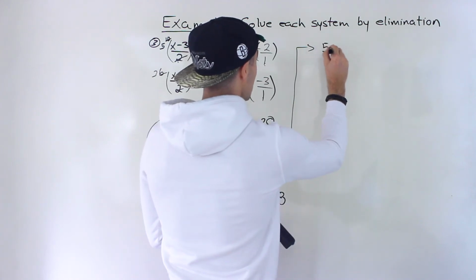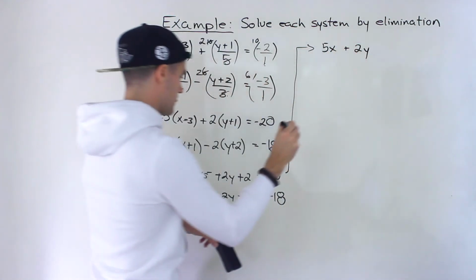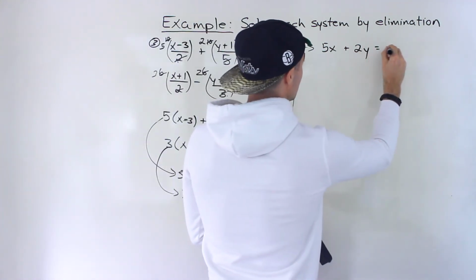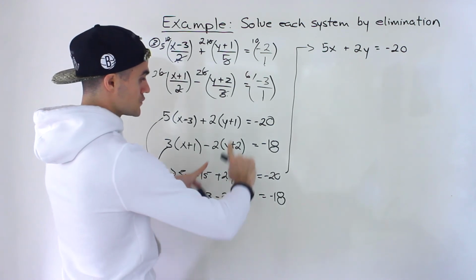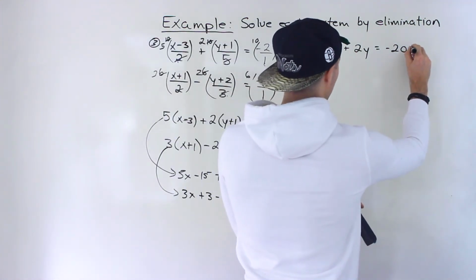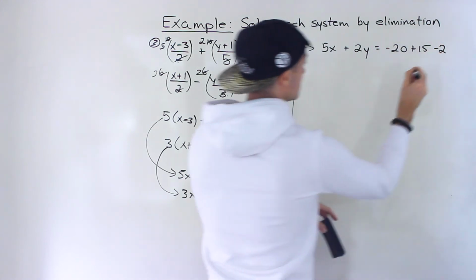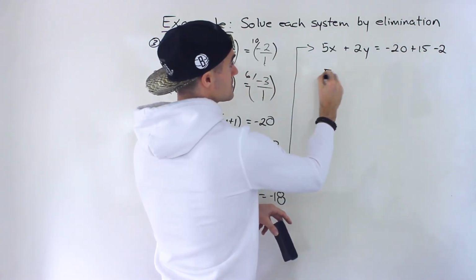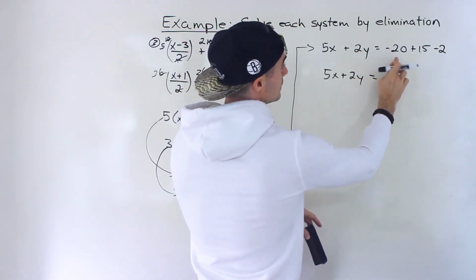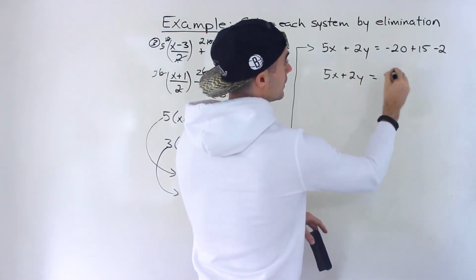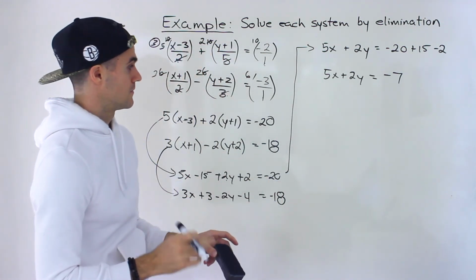So we'll have 5x plus 2y is equal to negative 20. Then I'm going to bring the negative 15 and the positive 2 over. So we'd have positive 15 minus 2. So that would simplify to negative 7. Negative 20 plus 15 is negative 5. Minus 2 is negative 7.